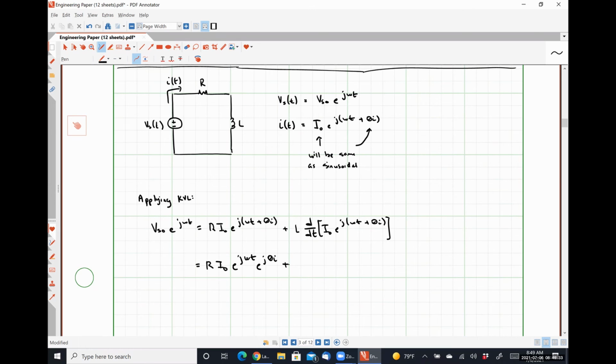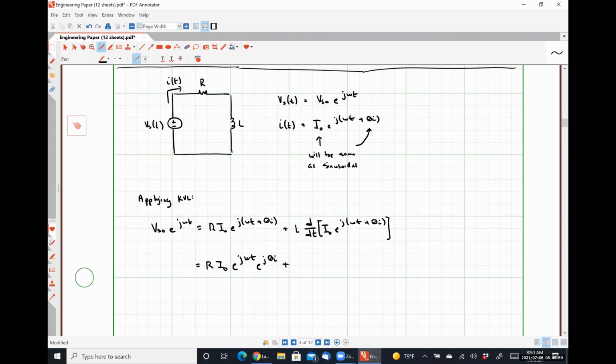Okay. All right, so if I do that form, it's actually much easier to take the derivative as well, right? So when I take the derivative, what's going to happen? The j will come out in front, and it will be e to the j omega t.